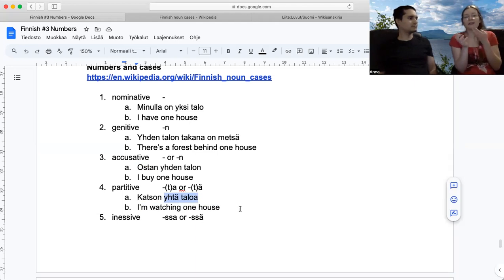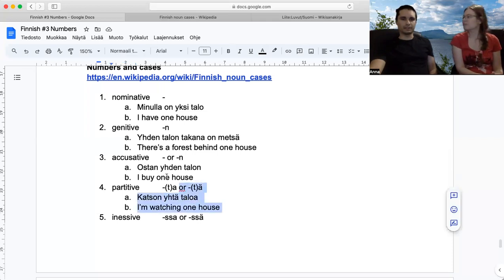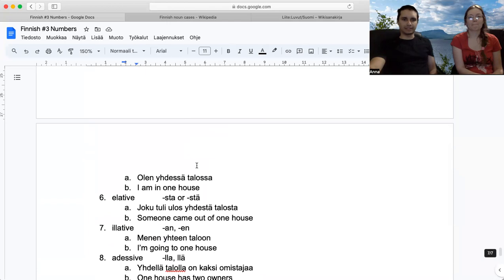In this case, I don't see the part here, but I know the rule that after the verb katsoa, to watch, to look, we always use the partitive. There are certain verbs after which you always use partitive. There are many more rules regarding partitive forms, but let's not go into them. In everyday life, sometimes you have a choice between accusative and partitive.